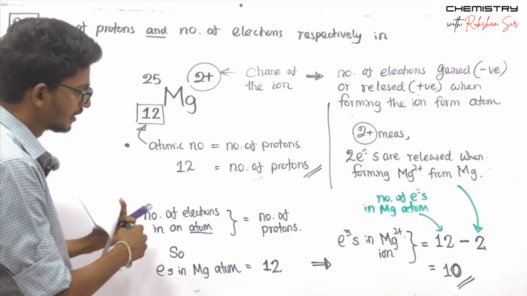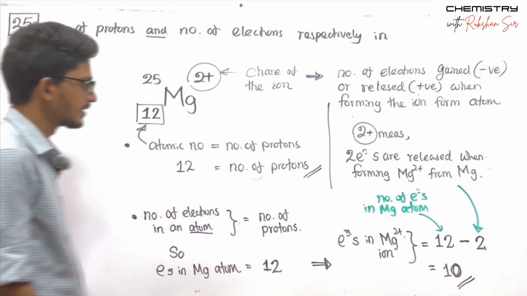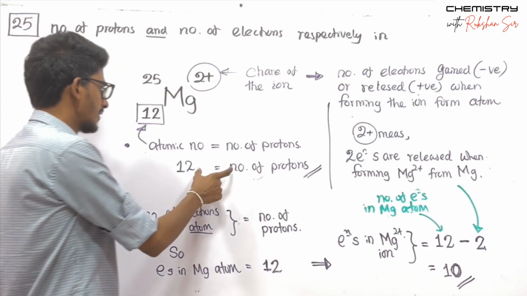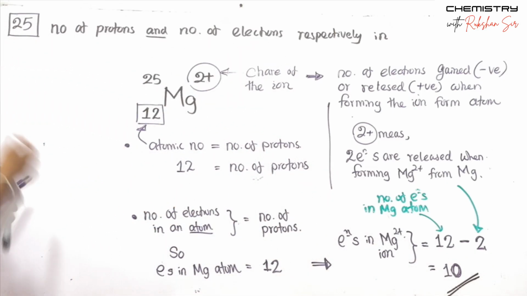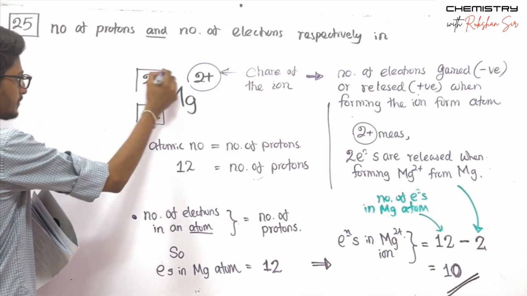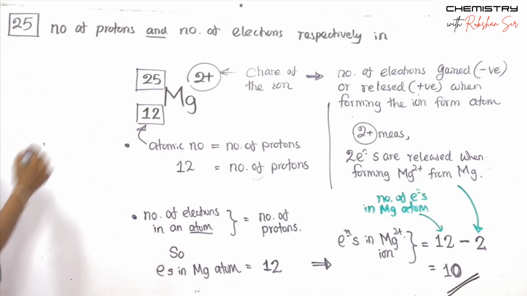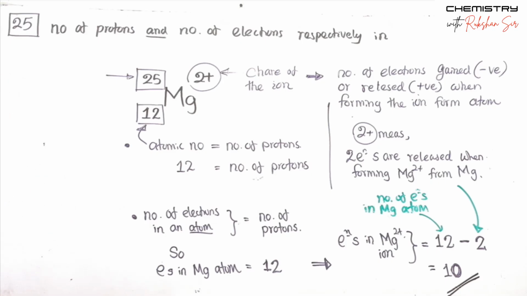That gives you the number of electrons in the magnesium 2 plus ion: 10. But the number of protons is 12, and the number of neutrons is what is asked, not the protons.